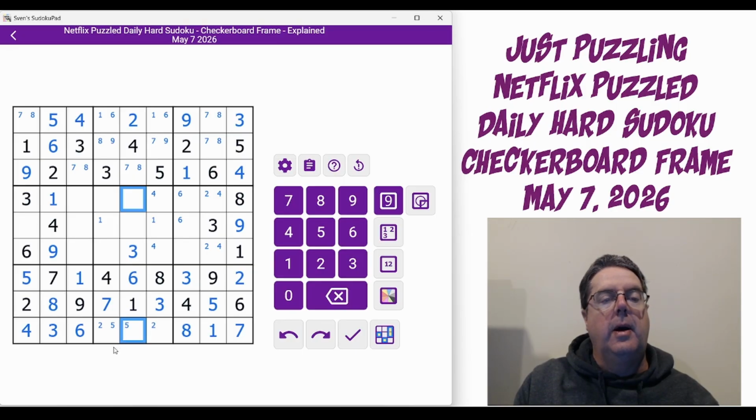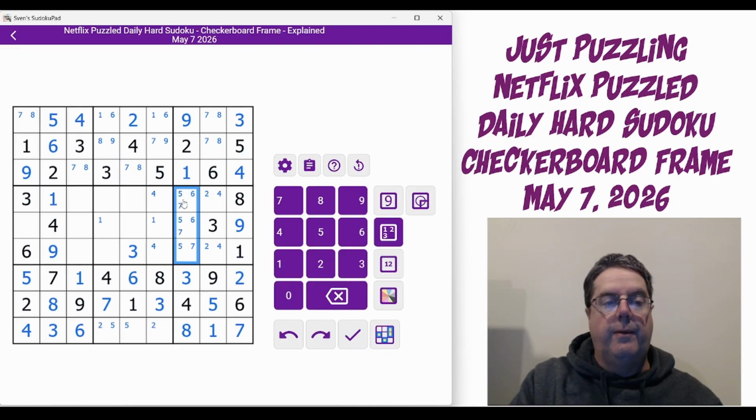let's put them in. So I'm missing in this box here a 7 and a 5. So 7, 5.